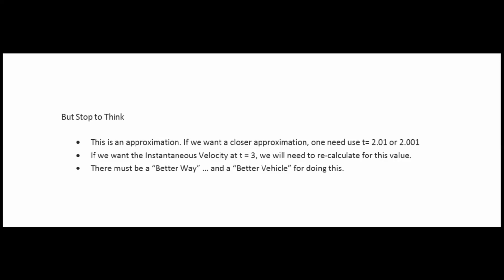That would give us a closer approximation of the instantaneous velocity at 2. On the other hand, if we wanted the instantaneous velocity at 3, we would have to do the problem all over again, this time picking a number close to 3 and finding the slope of that little line segment. When I say close to 3, I mean 3.1 or 3.01 or 3.001 or the like.